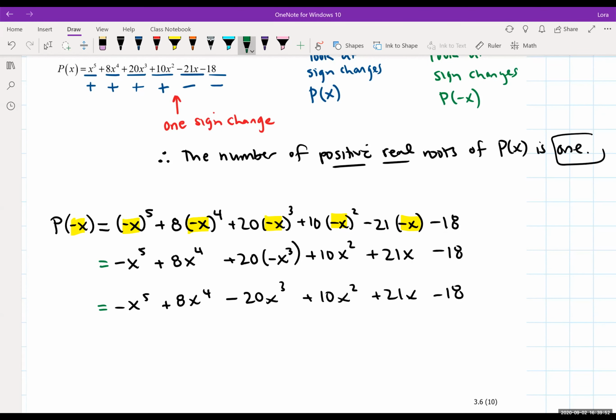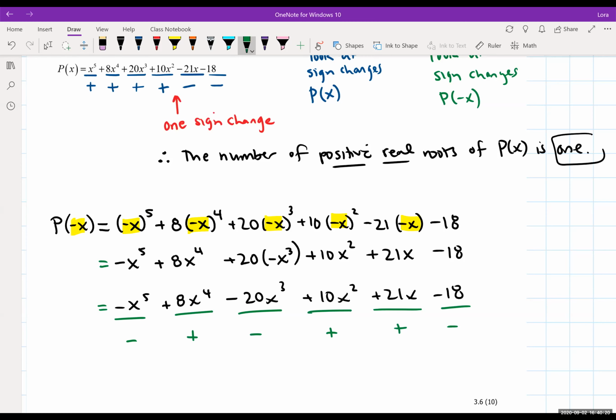What I'm going to do for myself is observe the signs as I jump from term to term. Everything's still in descending order, so we are in good shape. So negative x to the 5th, that's negative. Positive 8x to the 4th, that's positive. Negative 20x cubed, negative, positive 10x squared, positive 21x, and negative 18.